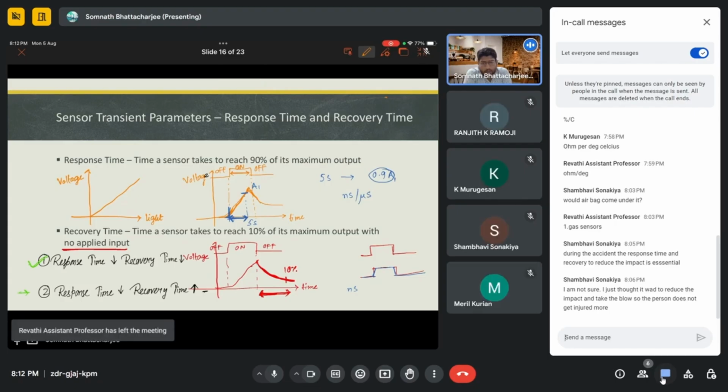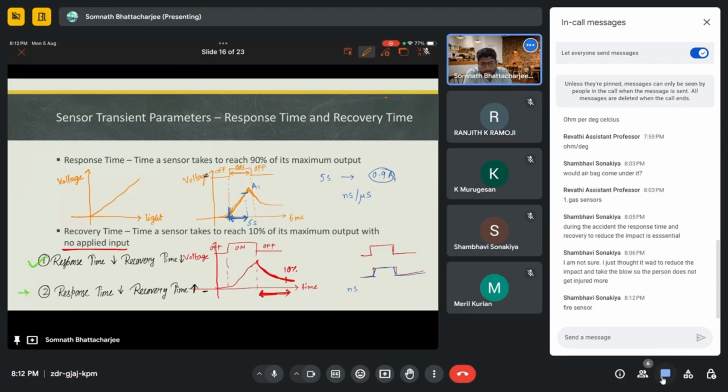You can think of some mechanical sensors. Fire sensor. No, but the question is that the response time should be lower. That's fine, but even if the recovery time is lower or higher, it's fine, right?